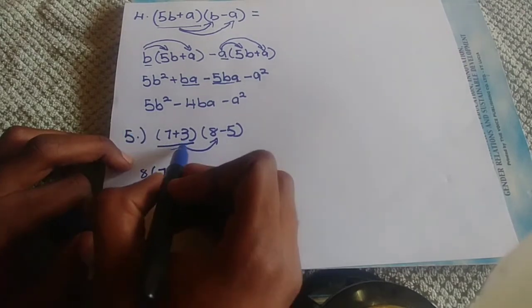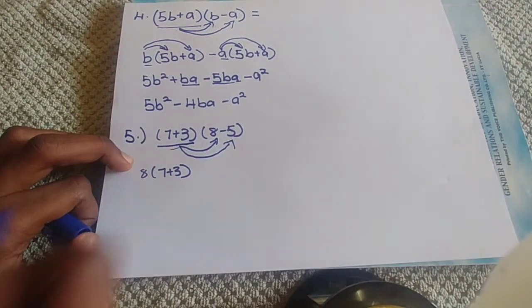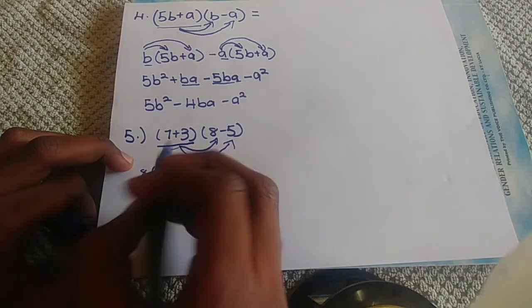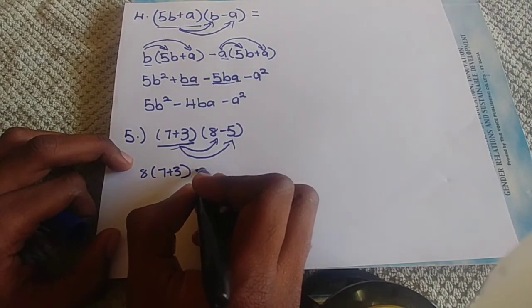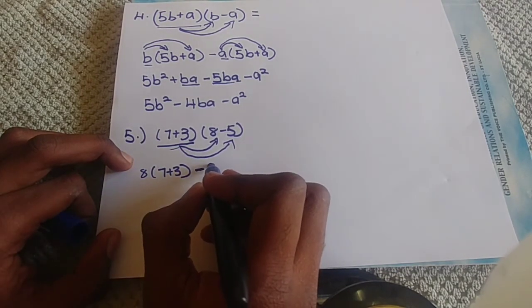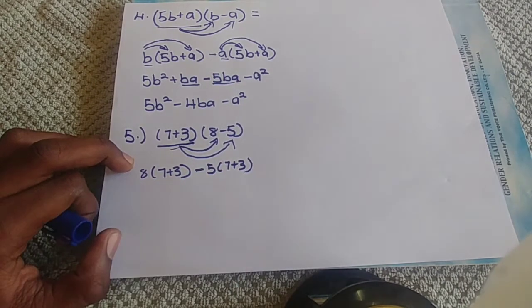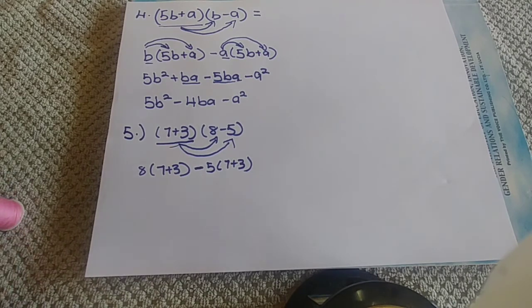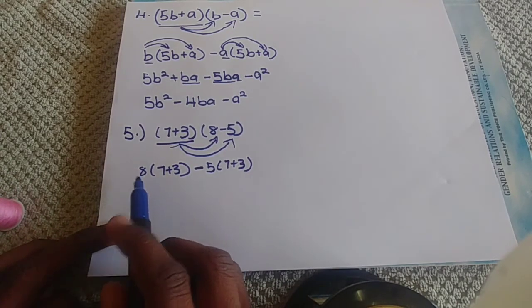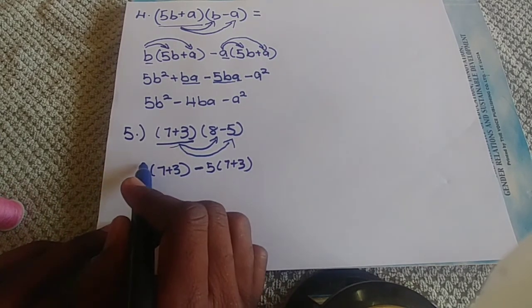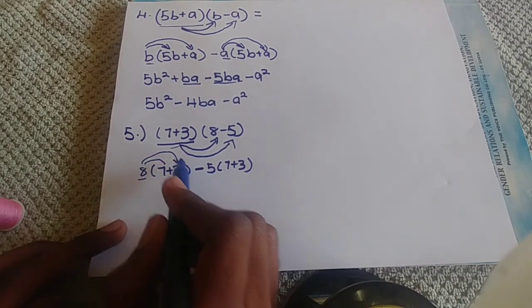And then we go 7 plus 3 by negative 5. So that's 10 by negative 5, or negative 5 by 7 plus 3. And then distributive law again. Take what's on the outside, we multiply it by everything inside.